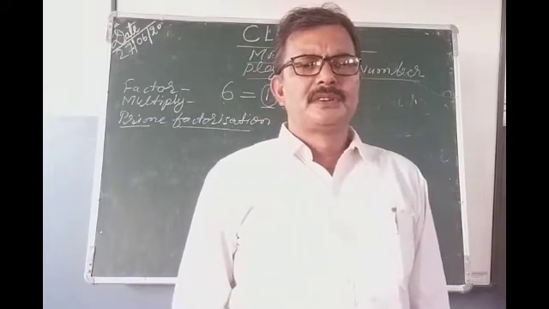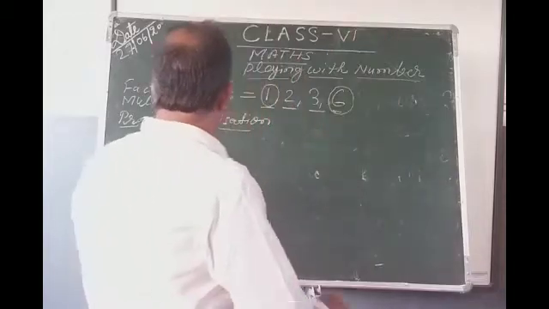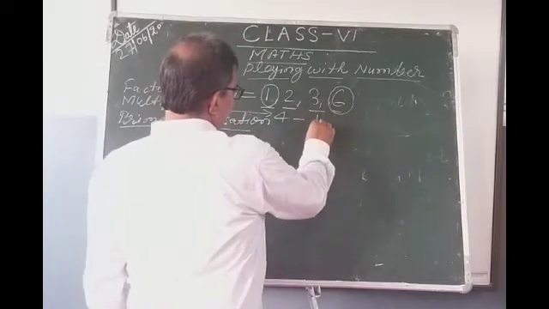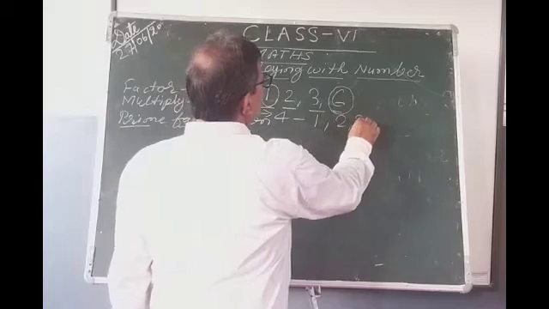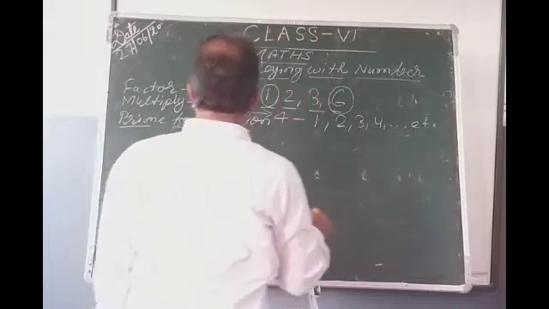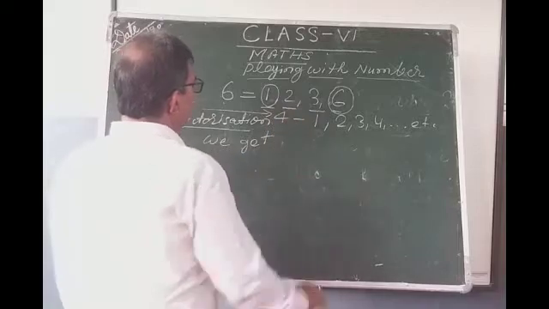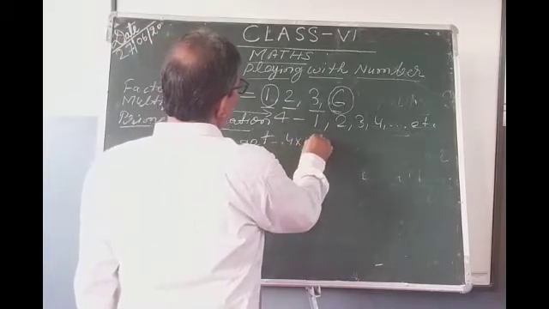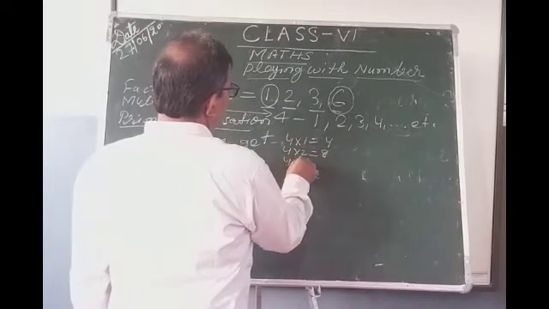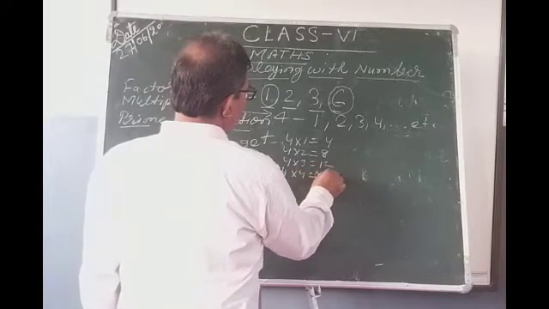What are multiples? We multiply 4 by every natural number like 1, 2, 3, 4, etc. We get 4 ones are 4, 4 twos are 8, 4 threes are 12, 4 fours are 16.